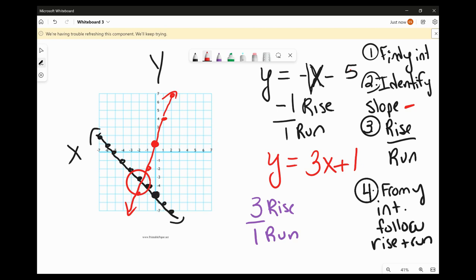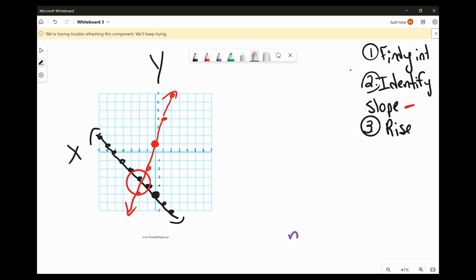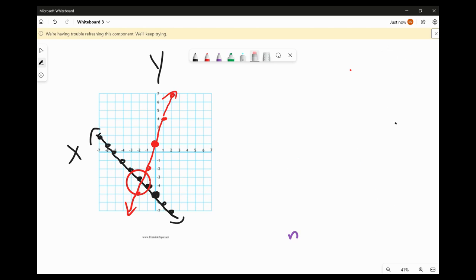Now I'm going to give you a different one so we can take a look at graphing in standard form. Graphing in standard form, the y isn't by itself. It's when the x and the y are both on the same side of the equal sign.